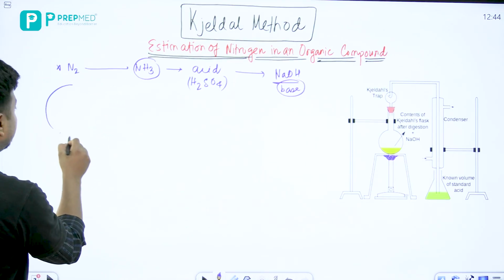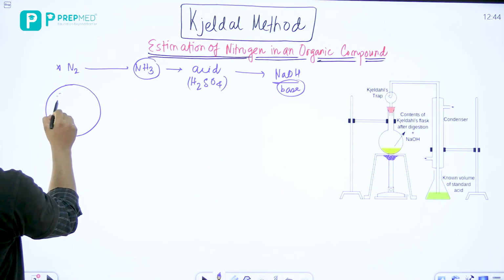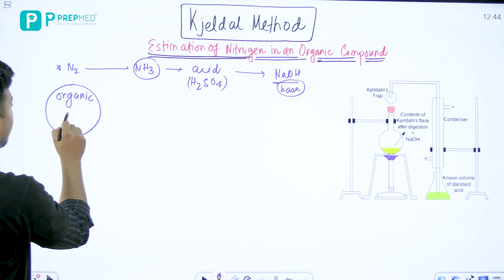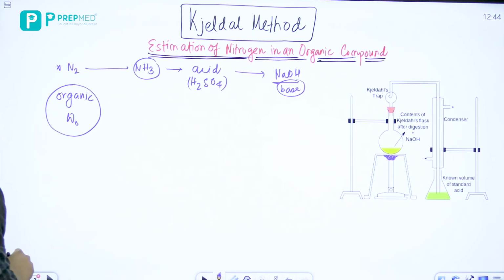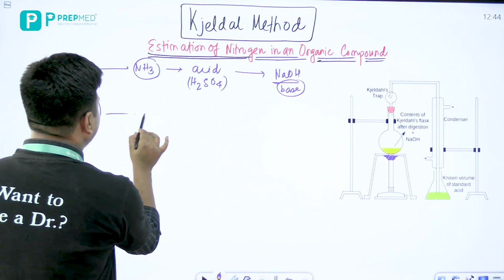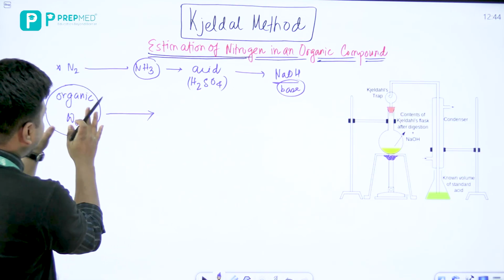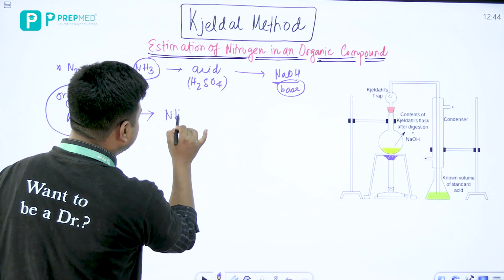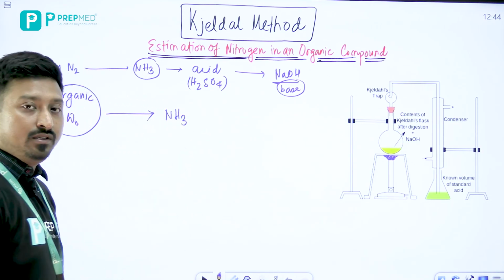So this is the main overview, but let me discuss in a little bit more detail. Suppose this is your organic compound, and the weight amount is W0. Whatever nitrogen is present here, we convert into ammonia.